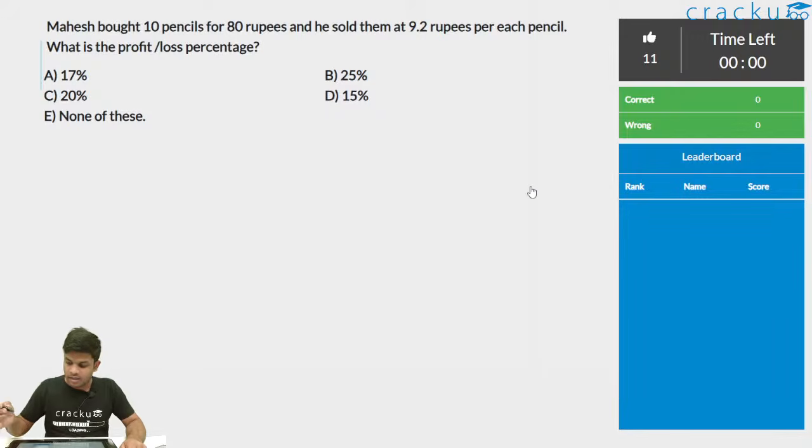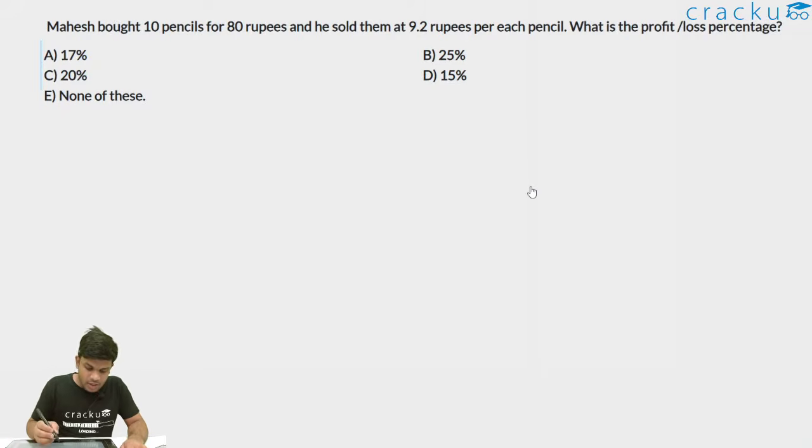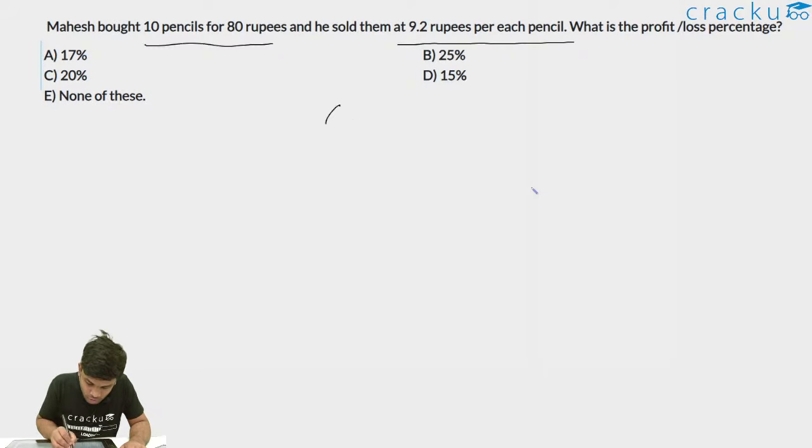Okay, let's look at it. So Mahesh bought 10 pencils for rupees 80 and sold them at rupees 9.2 per pencil. So the cost price of the pencils was rupees 80.